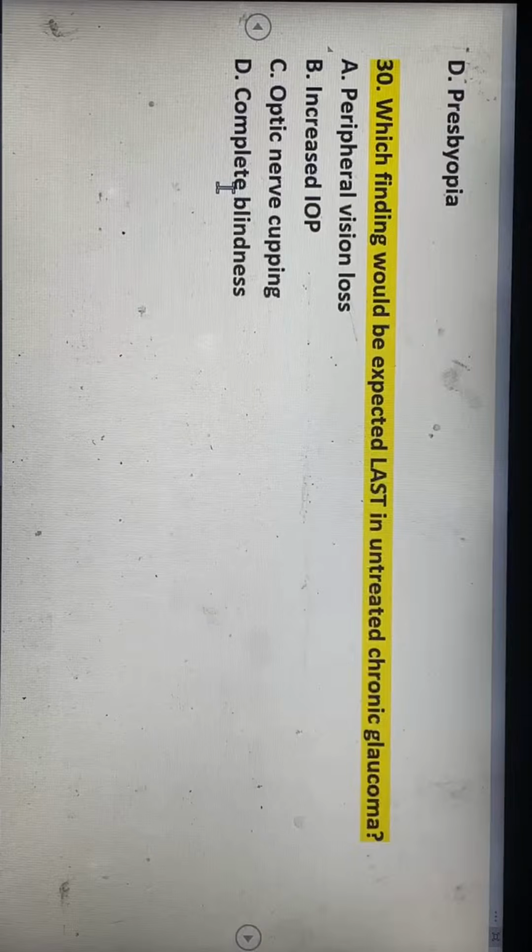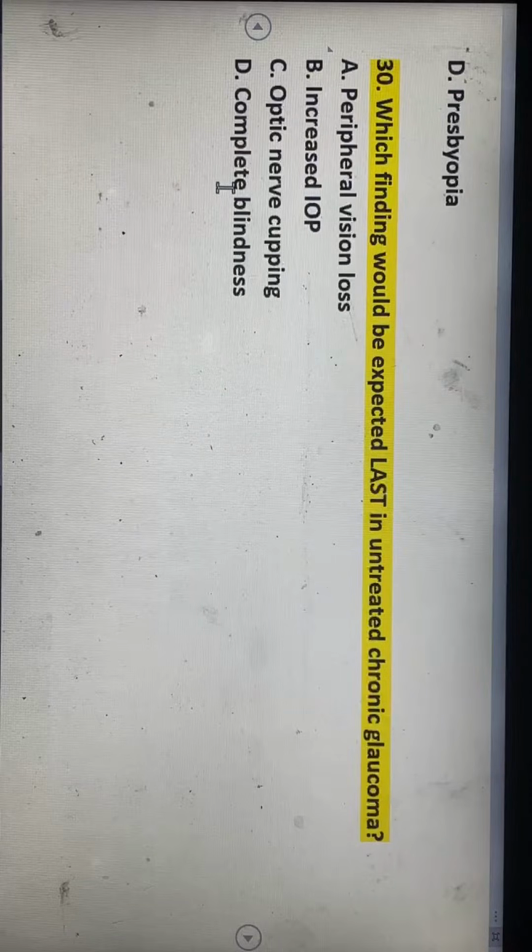So, which finding would be expected last in an untreated chronic glaucoma? A. Peripheral vision loss. B. Increased IOP, intraocular pressure of the eye. C. Optic nerve cupping. And D. Complete blindness. If you choose A, peripheral vision loss, that is not expected last, so you are wrong.